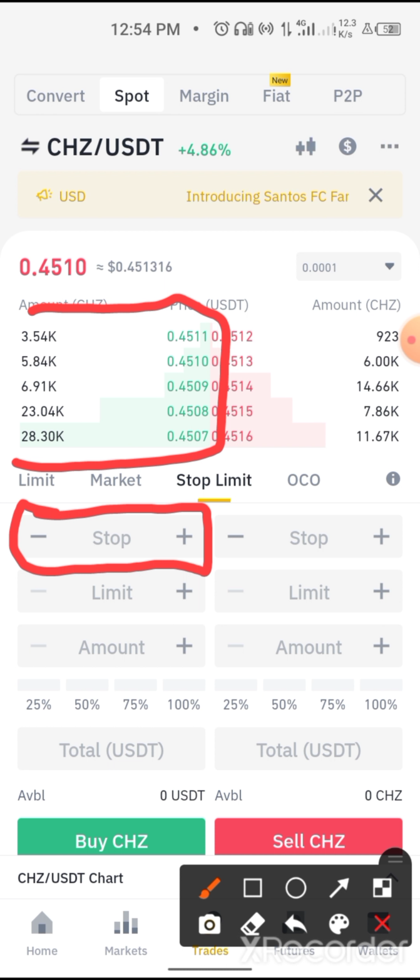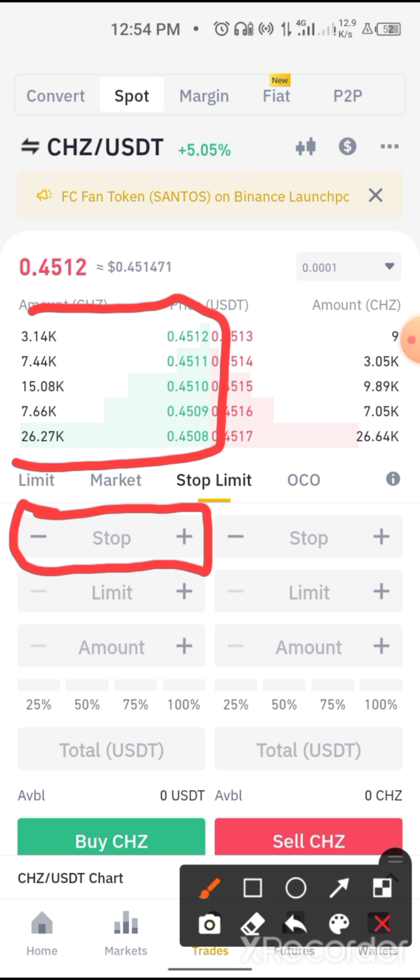Because your limit order means you want to buy at a price that is not the current price. Okay, so on your stop limit, you are saying trigger my limit order when it gets to a particular price. Now you can actually set the price for all of them. Let's take for example, the price currently being traded is 0.4511.